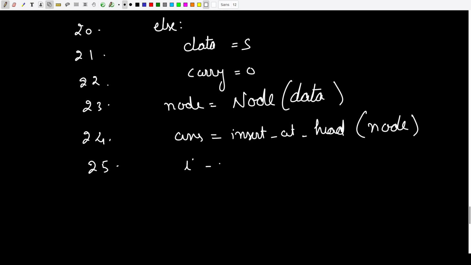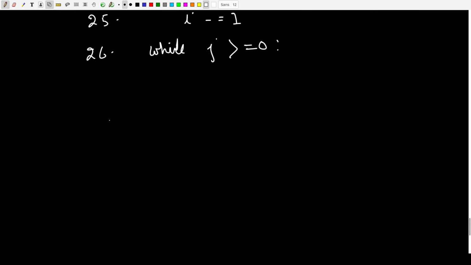Then let us decrease our i pointer. Similarly, it might be possible that there exist certain elements in the bth array which are yet to be addressed. So in that case, j is greater than or equal to 0, and we will do the same thing: let us perform the sum operation, which is equal to b[j] plus carry, and now let's get our data and carry from it.